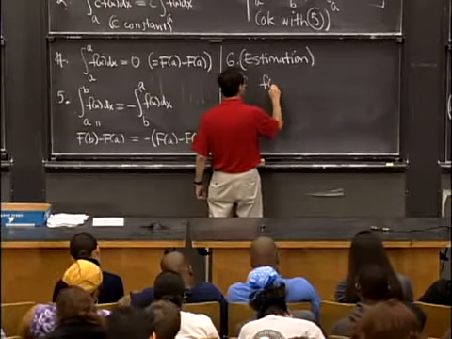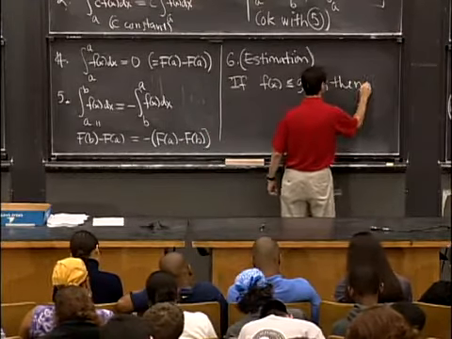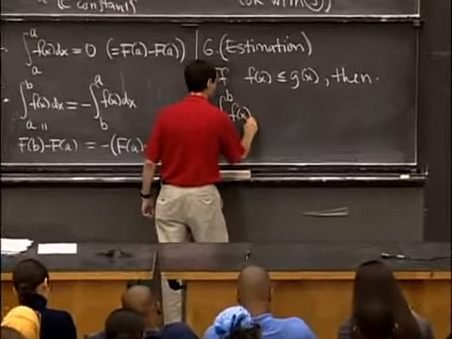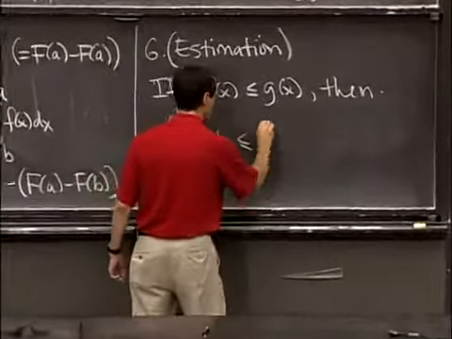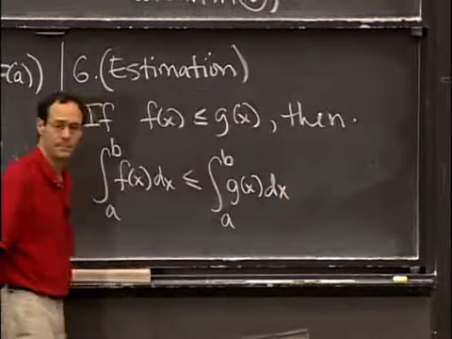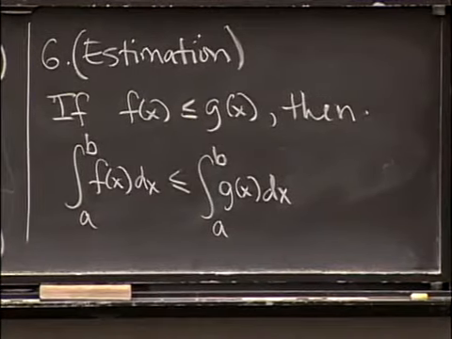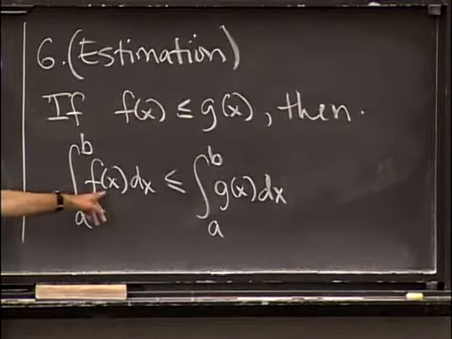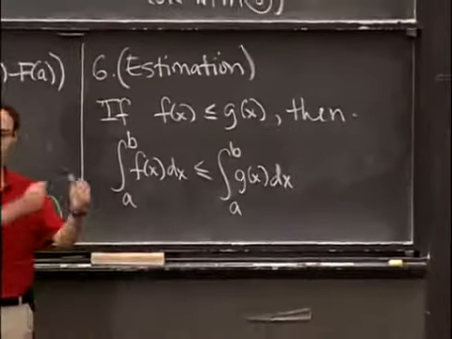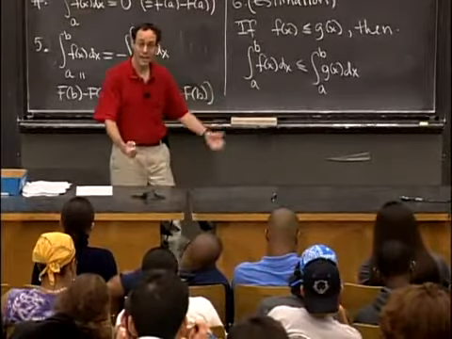If f of x is less than or equal to g of x, then the integral from a to b of f of x dx is less than or equal to the integral from a to b of g of x dx. Now, this one says that if I'm going more slowly than you, then you go farther than I do. Okay? That's all it's saying.